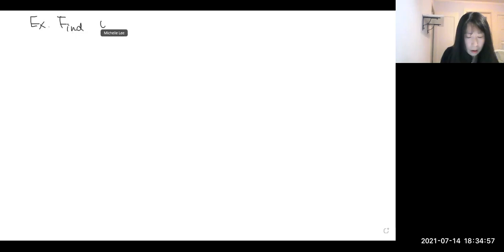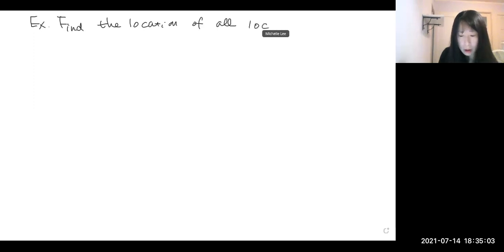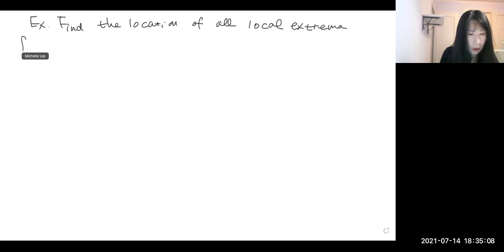Find the location of all local extrema for f of x equals 5x to the 1/3 minus x to the 5/3.